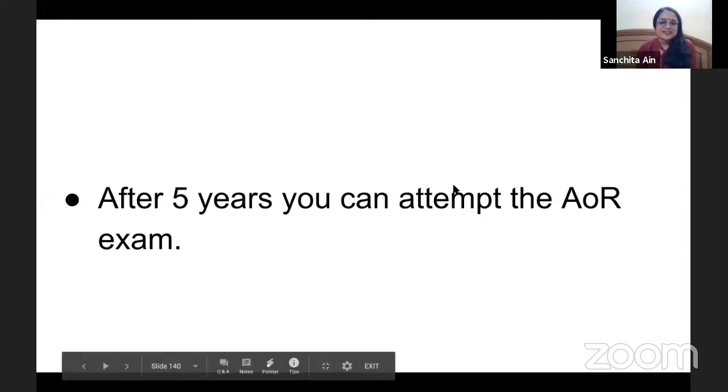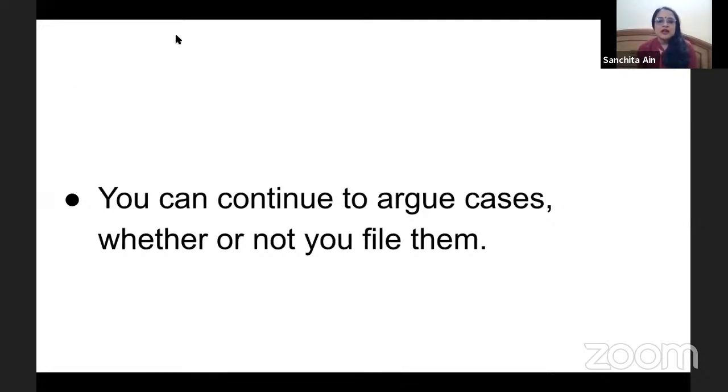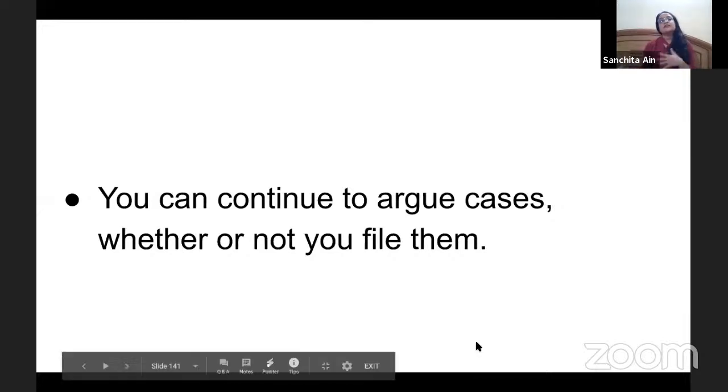So it's important to start. After 5 years, after 4+1 years, you can appear for the AOR exam. You can continue to argue cases whether or not you file them. By this time, you get to do the kind of networking that gets you cases. You can even be briefed.